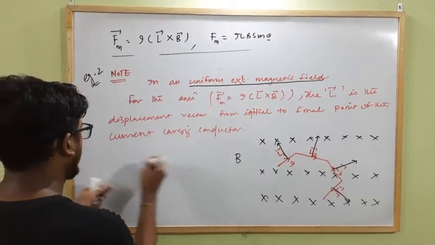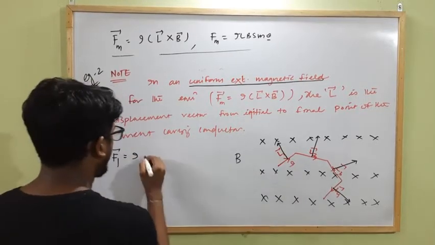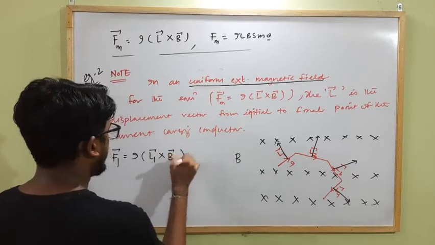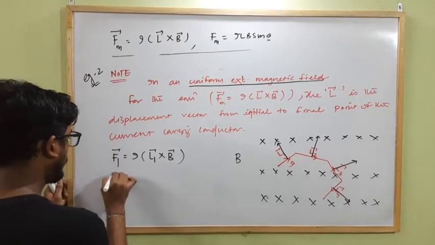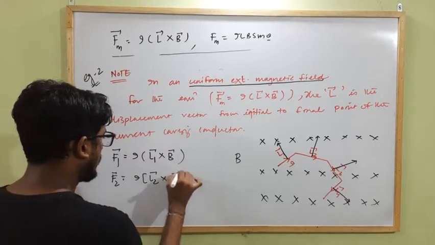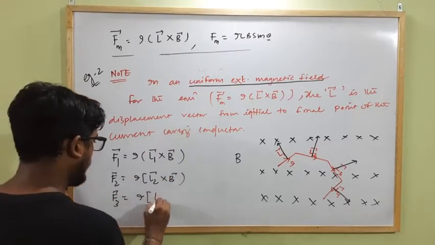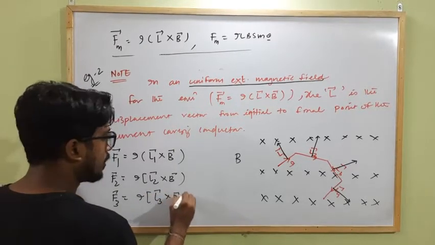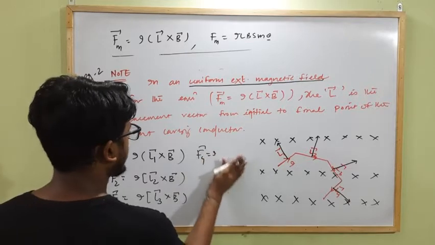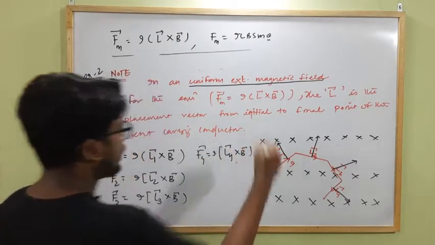Just consider the magnetic force acting on this much segment. It will be how much? Let it be F1. F1 vector equal to I, the current flowing through it, L1 vector cross the magnetic field B vector. Similarly F2 is I, L2 vector cross B vector, F3 is I, L3 vector cross B vector, and F4 is I, L4 vector cross B vector.